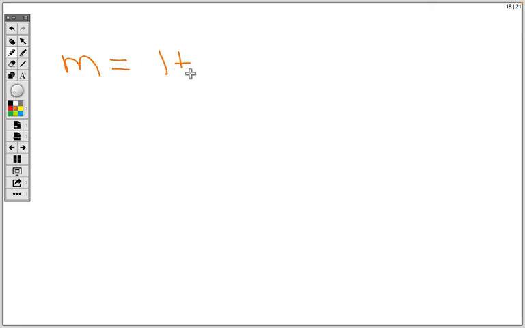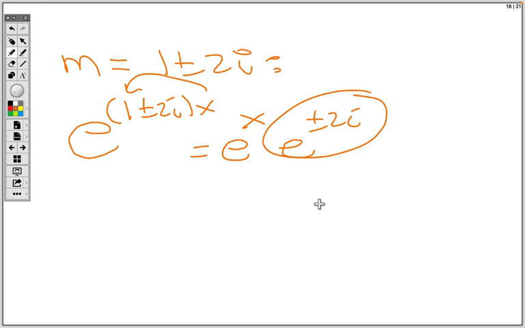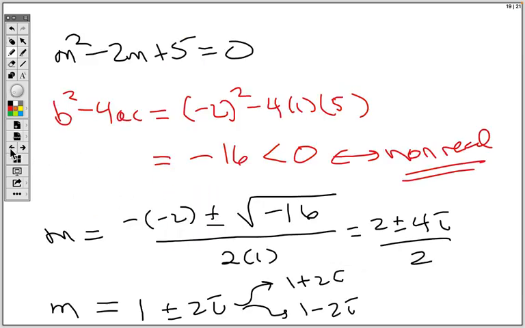So for your m, 1 plus or minus 2i, remember when you take e to this, you can use properties of exponentials. You're going to have a real exponential, in this case e to the 1x, times this purely imaginary exponential. And remember, we can use Euler's formula and conjugates. This is going to be e to the x, that's our real part, times, what are we up to constant-wise?